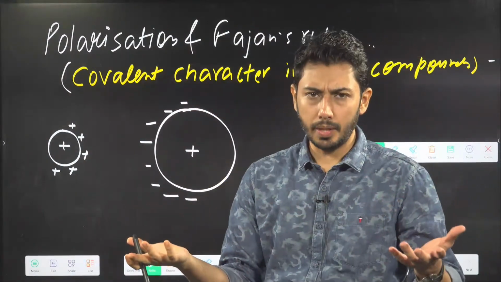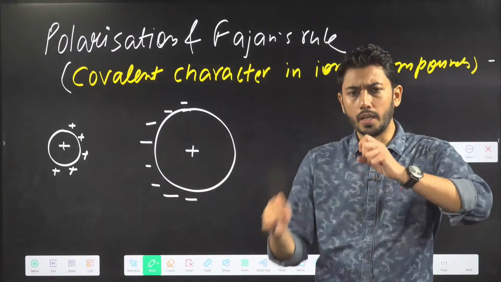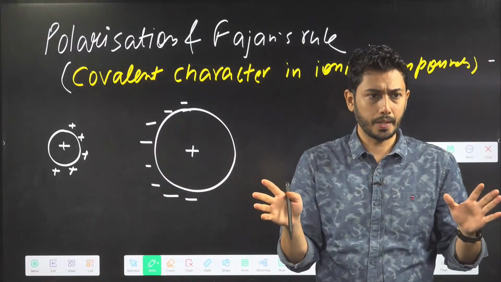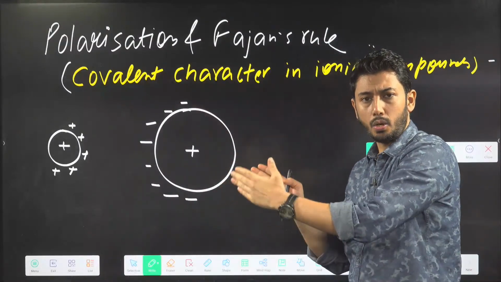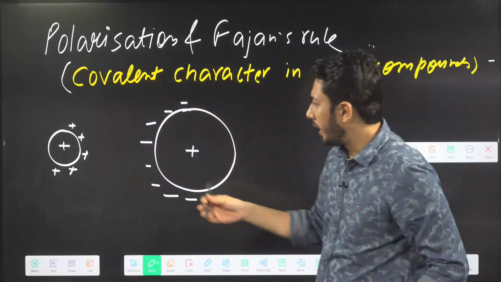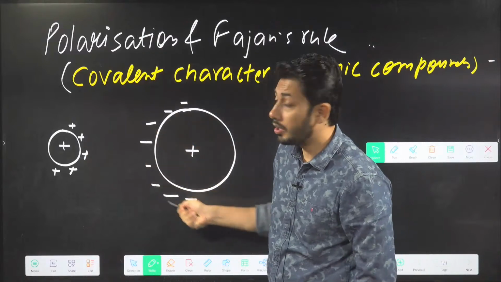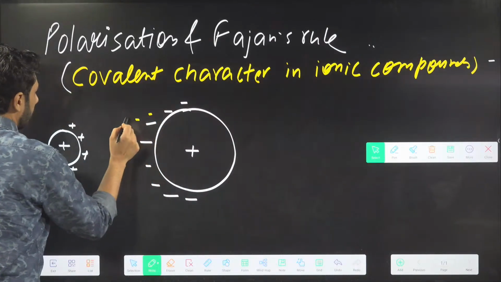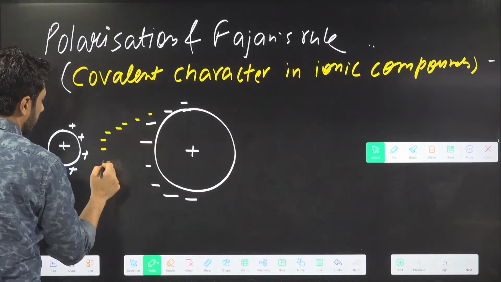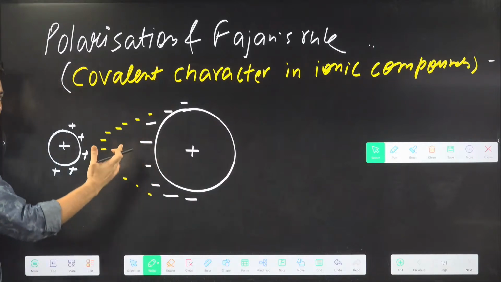Then what happens? Cation will attract the electron density of anion towards itself.